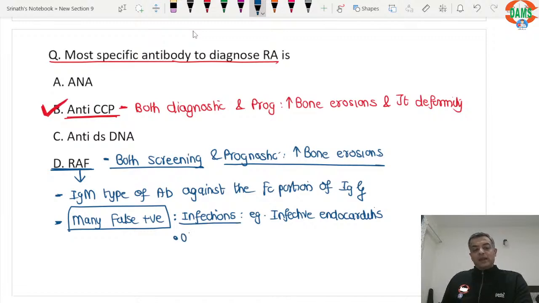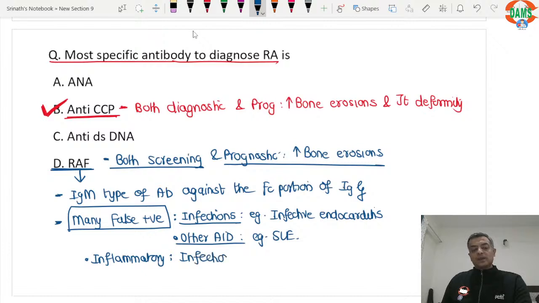It can come in other autoimmune diseases also, like SLE. It can also be false positive in inflammatory conditions like infectious mononucleosis.